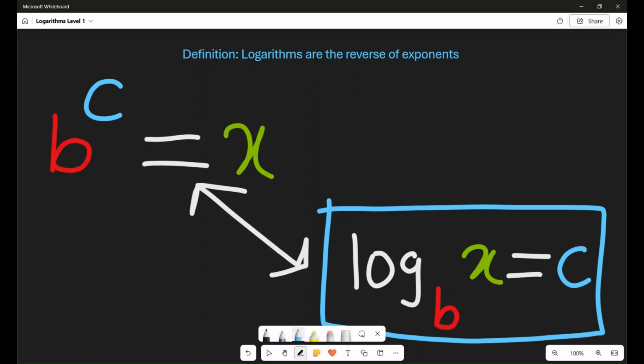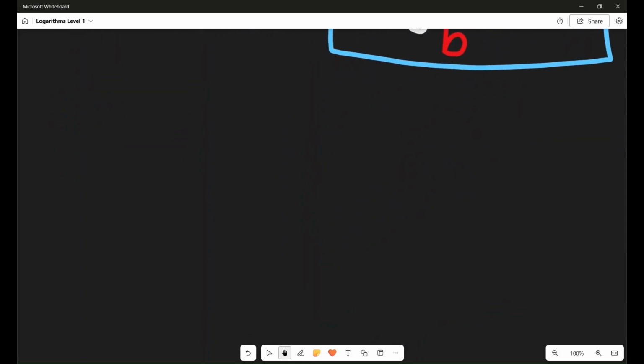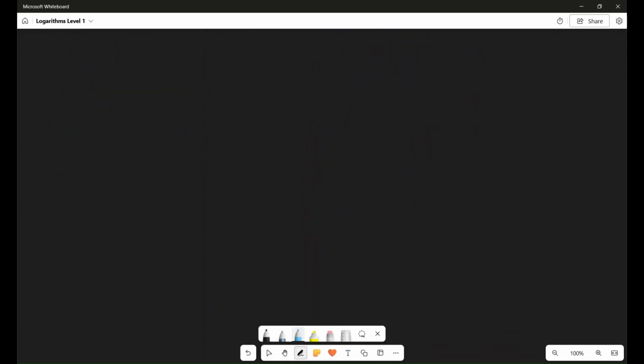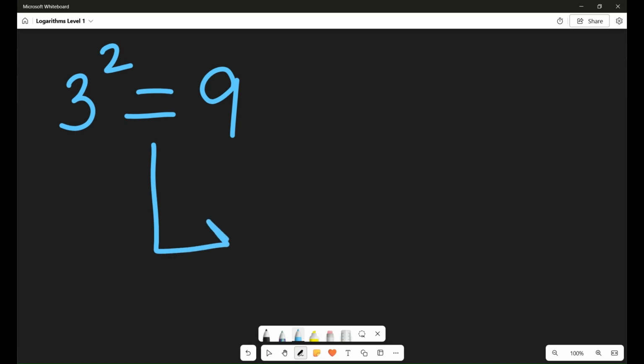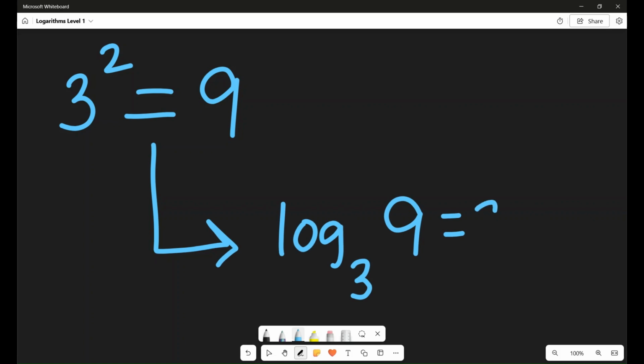So just to familiarize ourselves with this idea, let's do an example with just numerical values rather than variables. Because of course, when we have variables, it can get a little messy, right? So if we have 3 to the power of 2 equals 9, now, if we were to turn this into logarithmic form, it would be log base 3 of 9 is equal to 2.